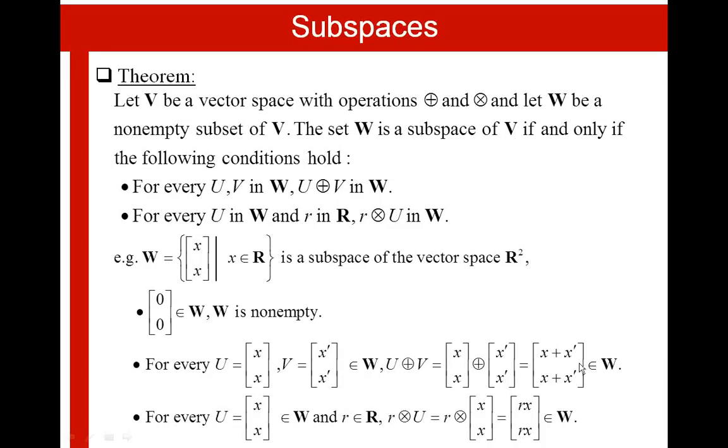That means that the outcome of this addition is a vector that belongs to W. Likewise, if we take the vector u and multiply it by any real number r, we will obtain (rx, rx), and it is clear that it has the same form, and therefore this product belongs to W. Since all these three conditions are met, the set W is a subspace of V.